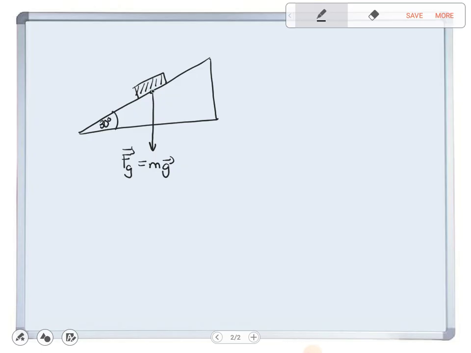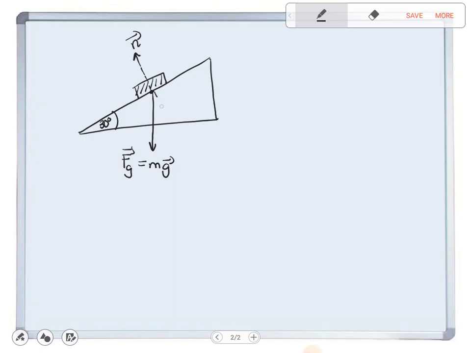Now the normal force will always be perpendicular to the object. So this one here is the normal force. It will always be perpendicular to the position of the object. Take note of that.